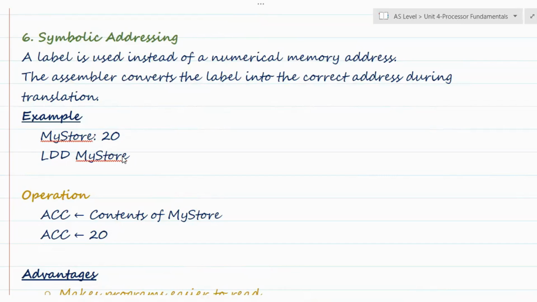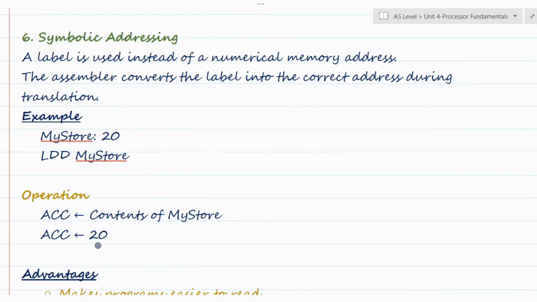So whatever is stored in mystore is used with this instruction LDD. Here mystore is simply a label, and during assembly, the assembler automatically replaces this label with the correct memory address. So the processor eventually performs the operation like this: the accumulator will get the contents of mystore, which is 20.